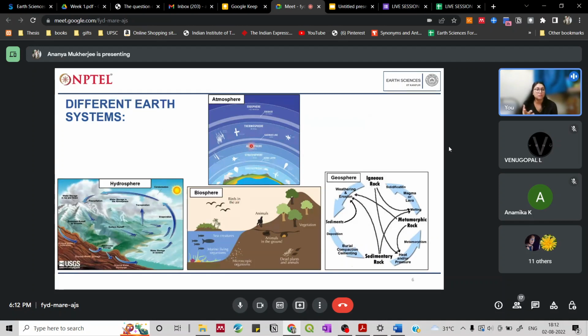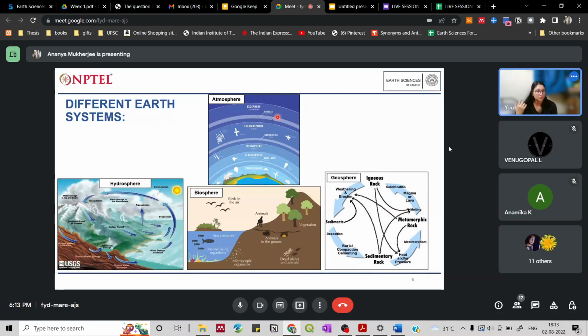Now, as Earth has formed, as we all know, Earth is very unique in its compositions around itself and also within itself. So we have four different spheres that interact together to sustain life on Earth. We have the hydrosphere, that is the water cycle and the water components.